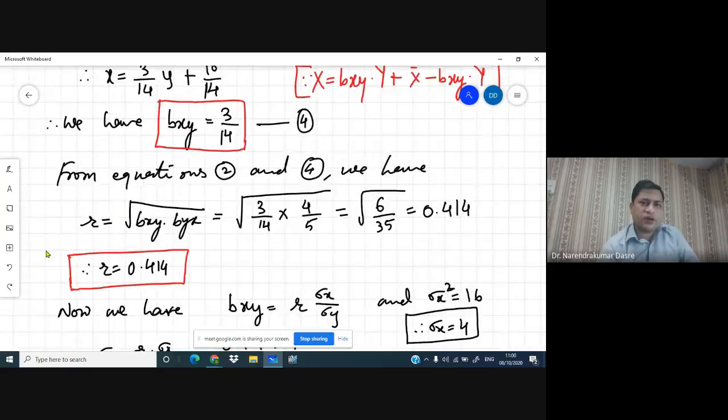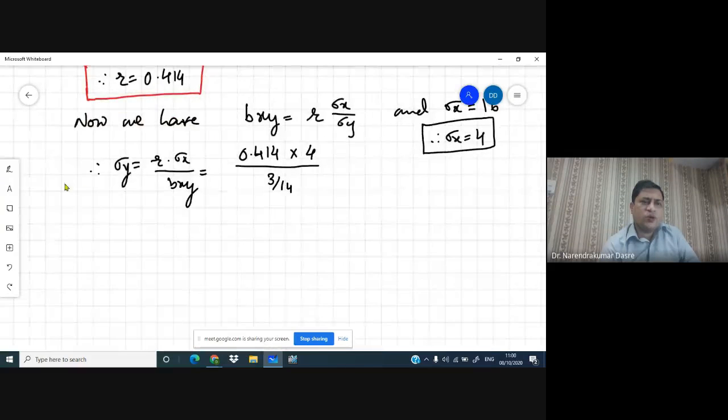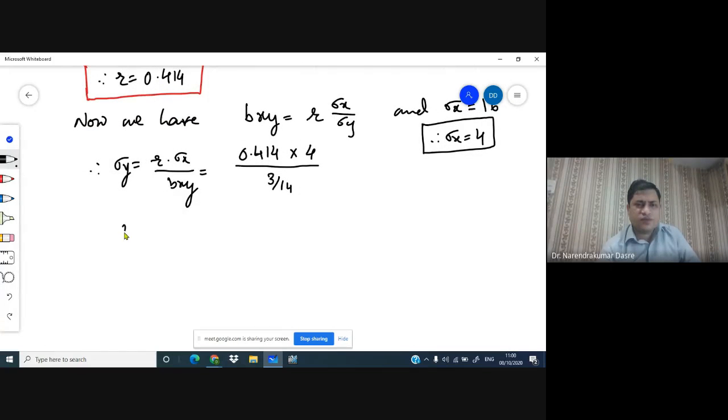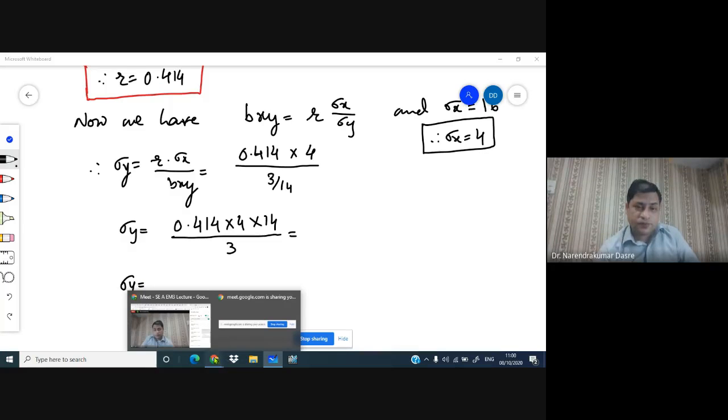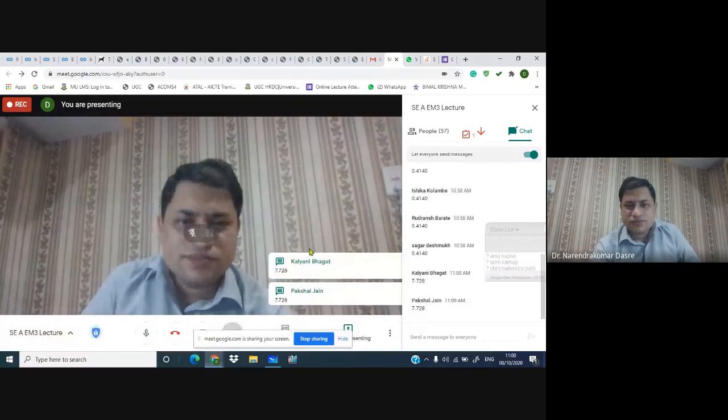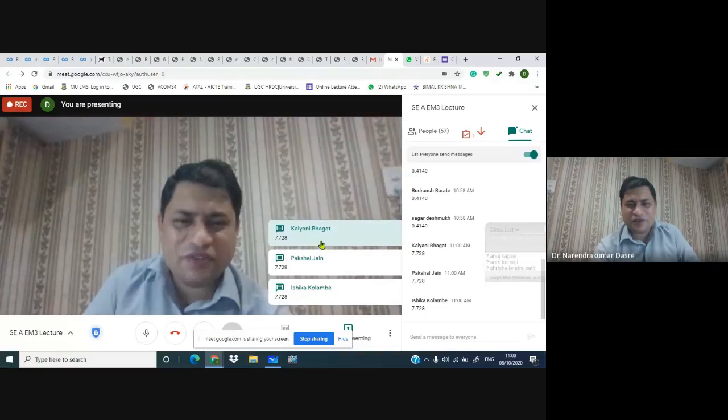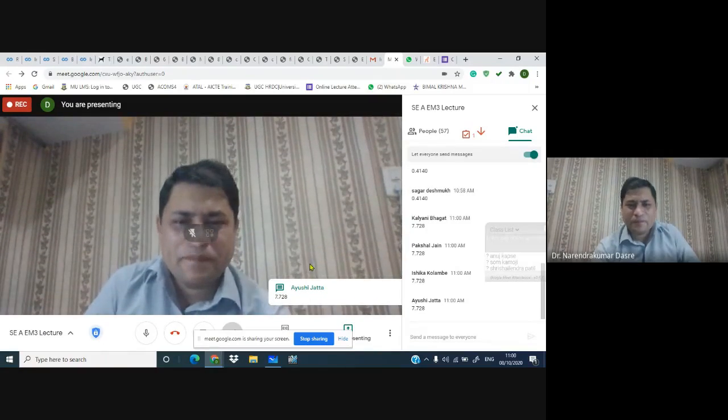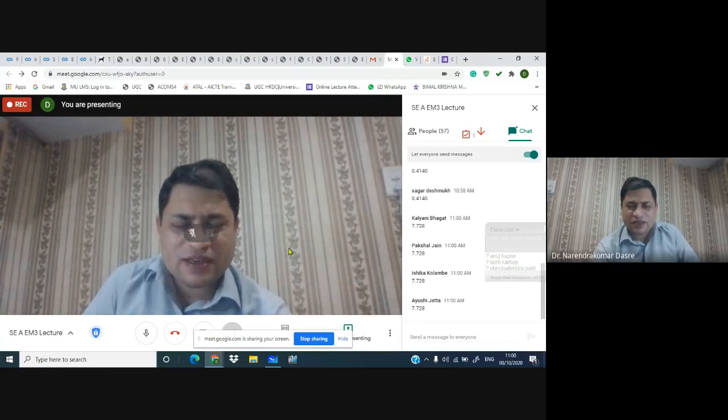Simplifying this, sigma y is equal to 0.414 into 4 into 14 upon 3. Please calculate and give me the value you get for sigma y, to 4 digits after the decimal place.